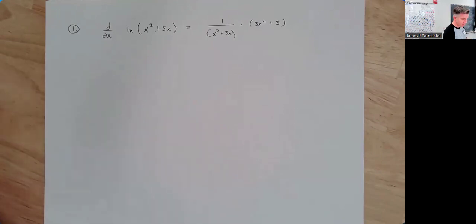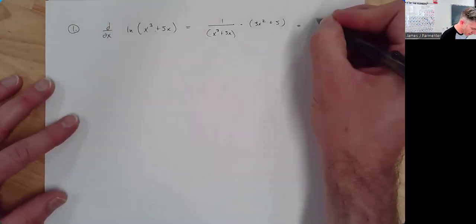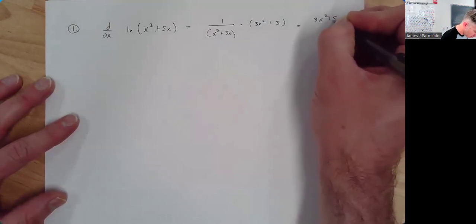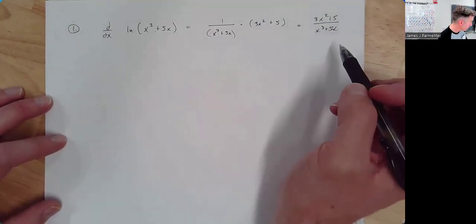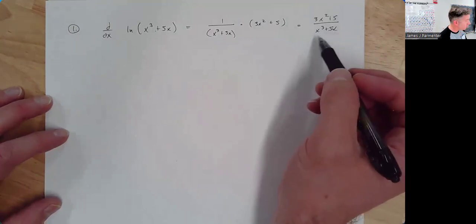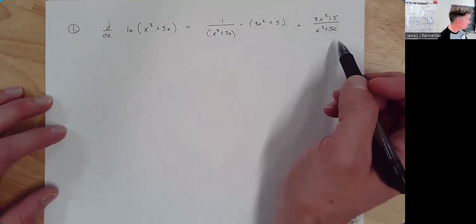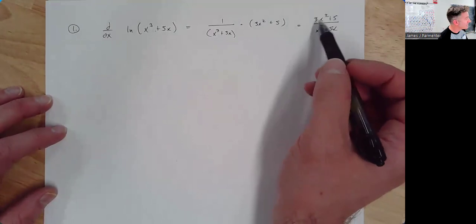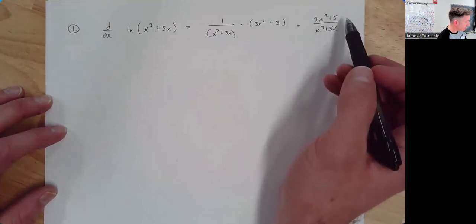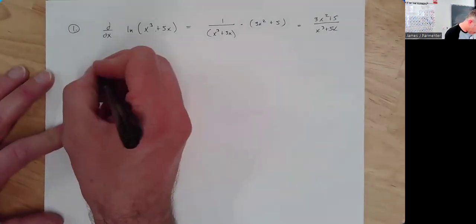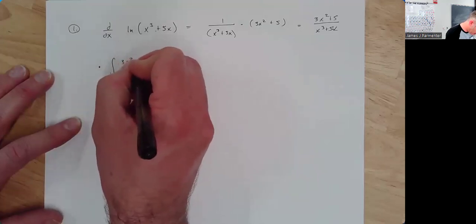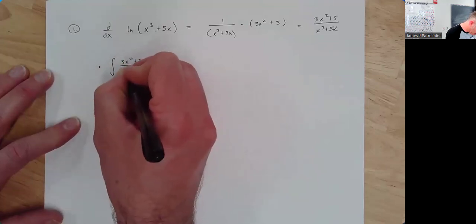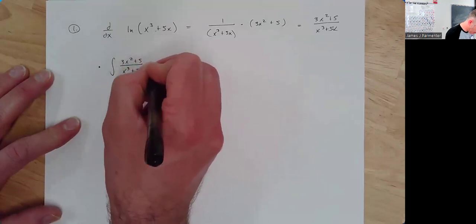Except that I will point out that later on, I am going to rewrite this just so you can see something. If you had to anti-differentiate this function, you would let u equal the denominator with a u substitution, and then your du would exactly be the top. So let's say, for example, I was trying to integrate 3x squared plus 5 over x cubed plus 5x dx.